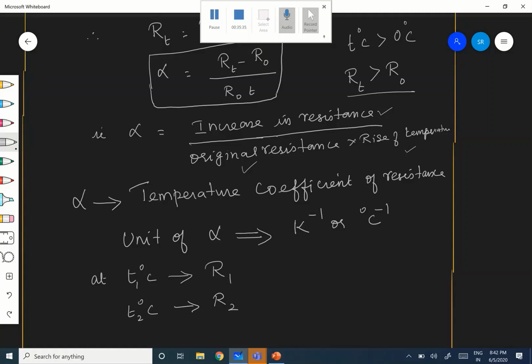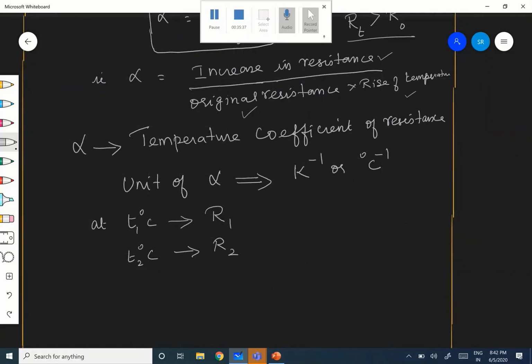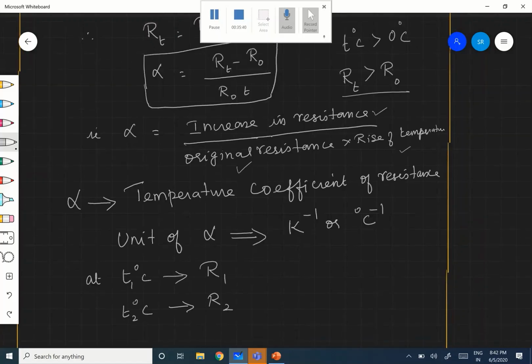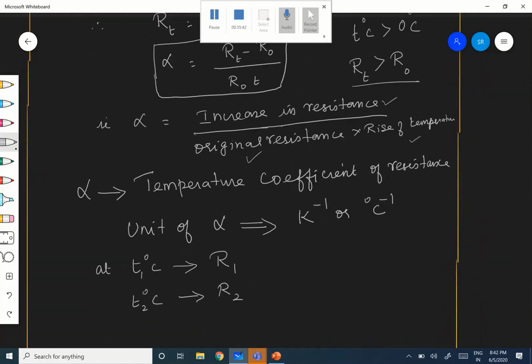How are they related? Alpha can be written as increase in resistance. T2 is more than T1, therefore R2 will be more than R1, because for a conductor, as you increase the temperature, resistance will also increase.